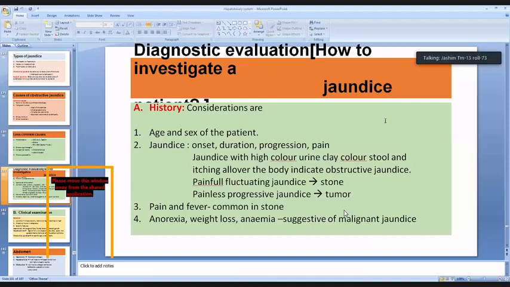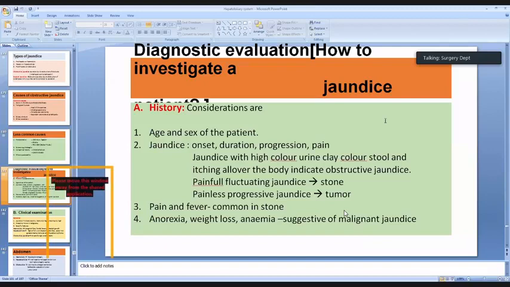Okay. So after considering the age and sex of the individual, we have to consider all the relevant points regarding jaundice: its onset, duration, and progression.